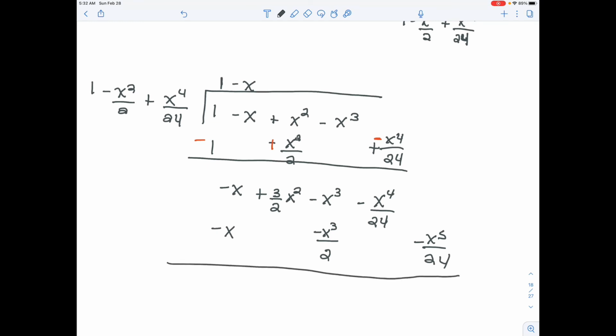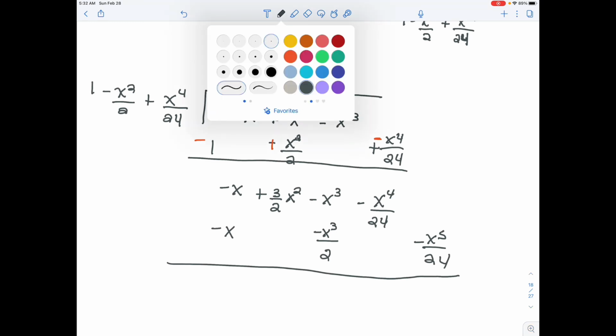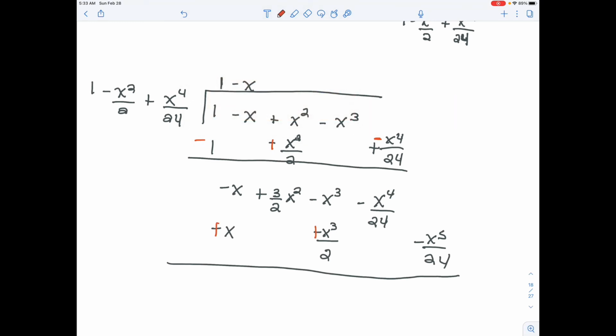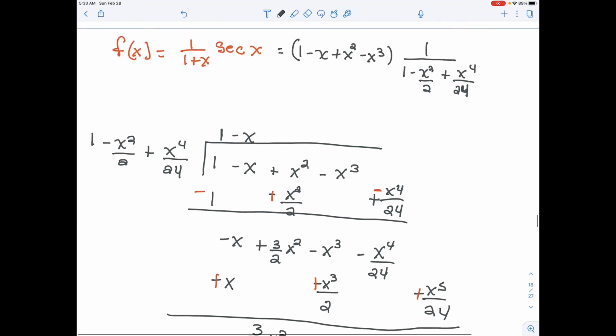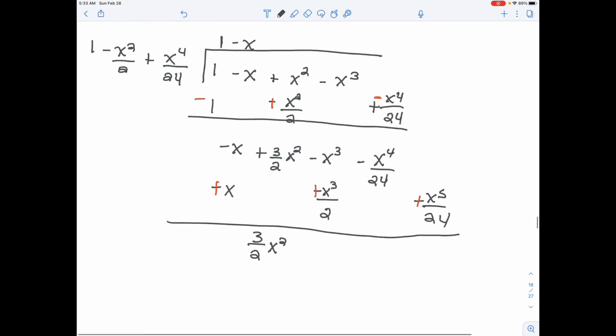Okay, so I only need to do this one more time because remember, I only need 3 terms. So when I subtract, I get that zeroes out, and so I get 3/2 x squared. And I don't really need the rest of this because, again, I only need 3 terms. So I only have to do this one more time.